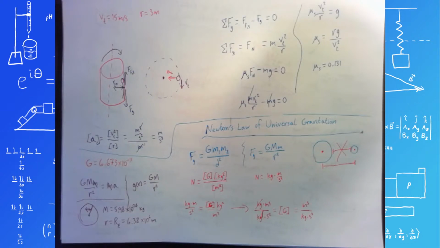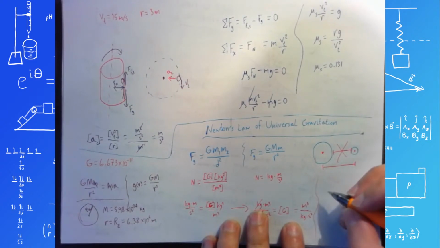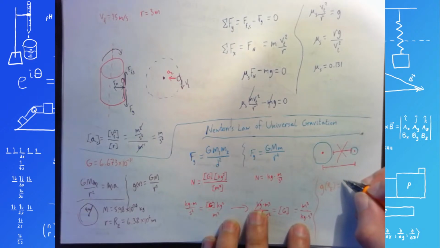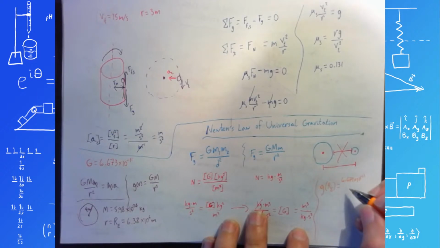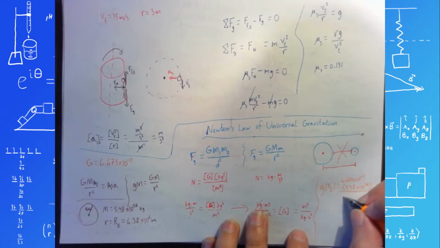So I guess we'll do it over here since we're running out of space. g at the radius of Earth is equal to 6.673 times 10 to the negative 11 times the mass of Earth, so times 5.98 times 10 to the 24, all divided by 6.38 times 10 to the 6 squared.